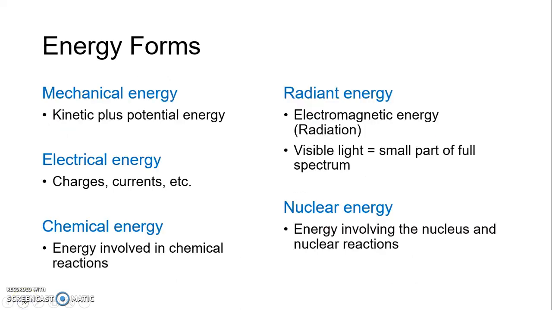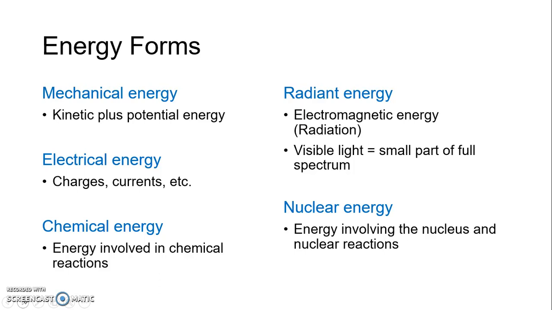Here's some other types of energy. We have mechanical energy, which is what we've talked about, kinetic plus potential energy, the combination of those two. You also have electrical energy. You have chemical energy, which involves chemical reactions. You have radiant energy. Another way to talk about that is what we call electromagnetic energy or radiation.